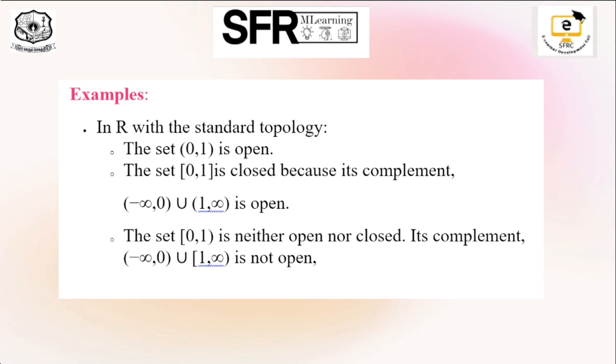It is a closed set because its complement is the open interval (minus infinity, 0) union the open interval (1, infinity), which is open. Next, we consider the half-open interval [0, 1), which is neither open nor closed because its complement is the open interval (minus infinity, 0) union the closed interval [1, infinity), which is not open.